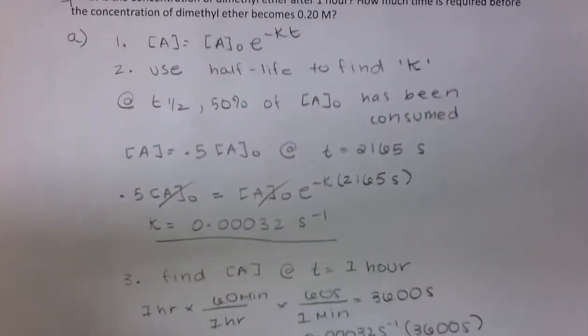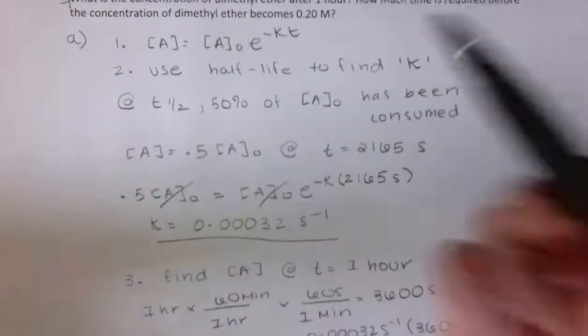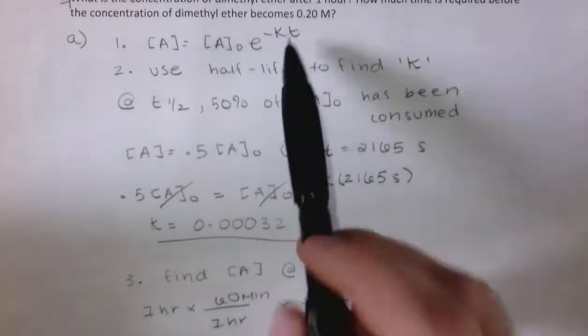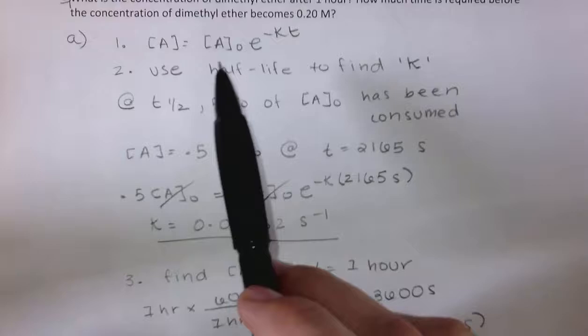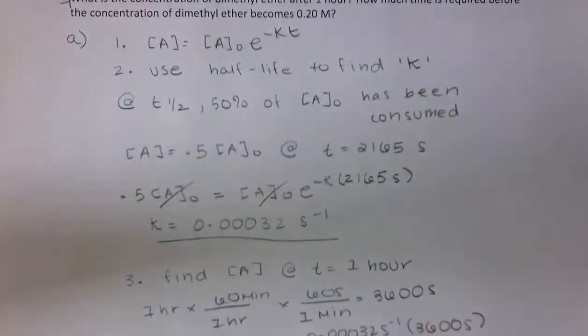A lot of the times you have your governing equation, you solve for K, and then using what you know, for instance, the initial concentration, the final concentration, or time, they'll usually give you 2 out of the 3 of these things, you just solve for the other variable.